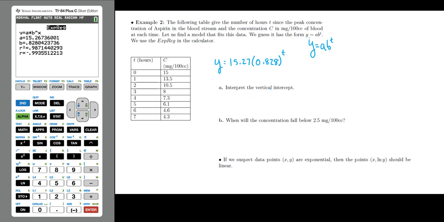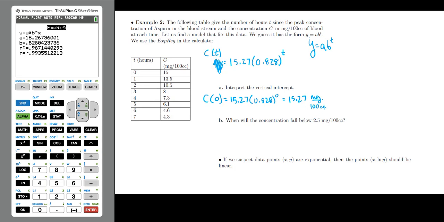So as it says, interpret the vertical intercept. Actually let's put this in the form that it's asking for. They said t and then concentration c. So let's express this as a function of time. So the vertical intercept is, of course, when we plug 0 in for t. So 15.27 times 0.828 to the 0 would be 15.27, and that's milligrams per 100 cc's of blood.